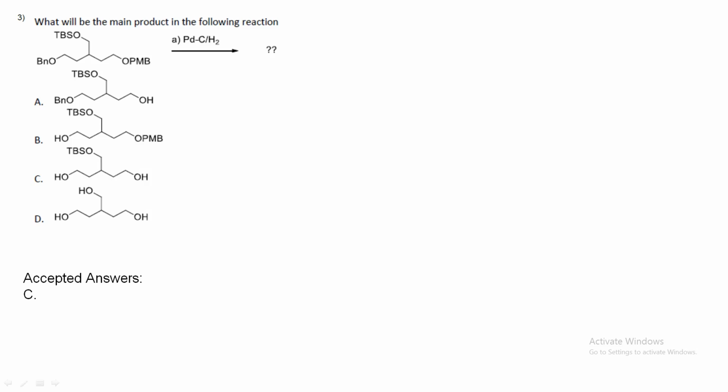So let's look at this third problem. Here you can see what is used: the palladium charcoal, right? We have just shown it can deprotect only the benzyls, meaning this type of benzyl ethers. Let me write it.